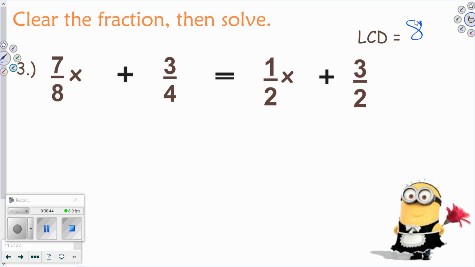All right, because remember, what number do 2, 4, and 8 all divide into? 8 divided by all of them is going to divide nice. If you use 16, you can still do the problem. That's fine. You'll just have more simplifying at the end. All right, so we're going to multiply them all by 8.